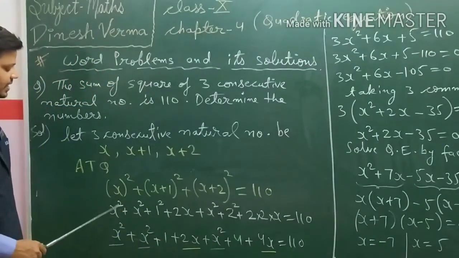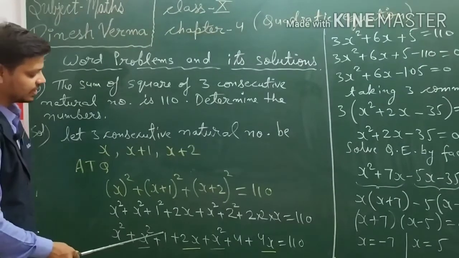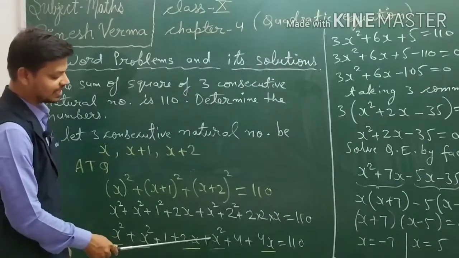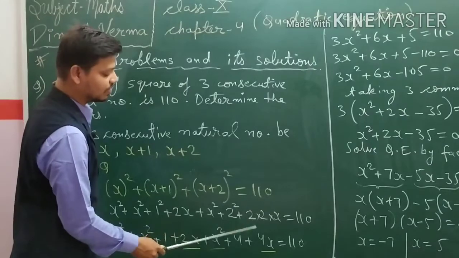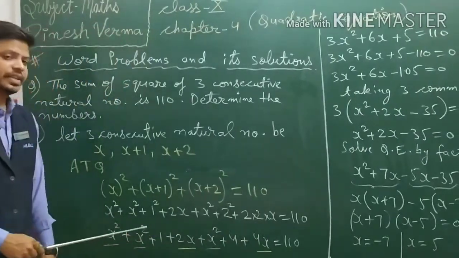Now you solve that. x square as it is, 1 square is 1, 2x as it is, x square as it is, 2 square is 4, 2 multiply x is 4x, equals 110. Now we have to solve this equation.